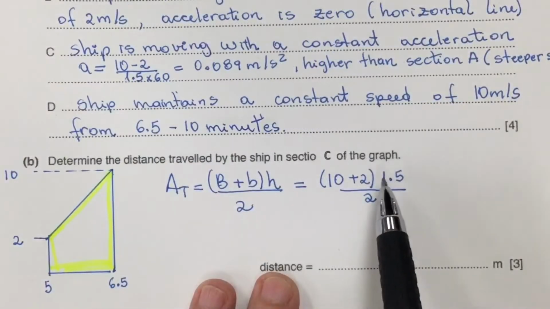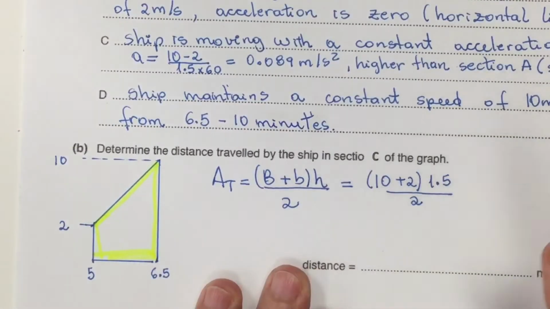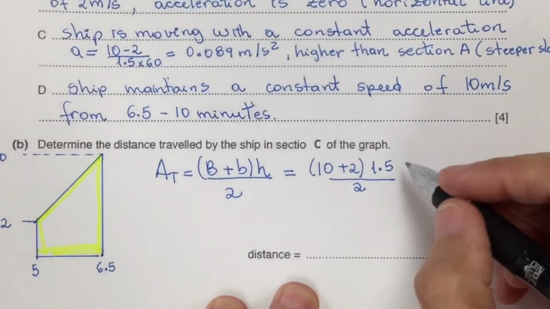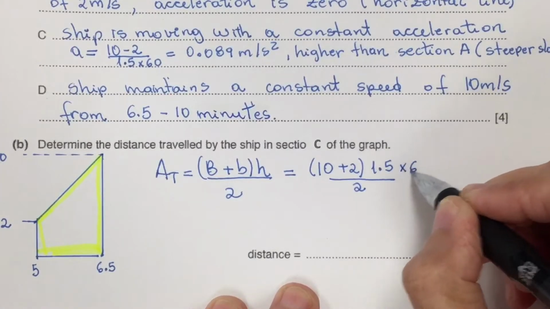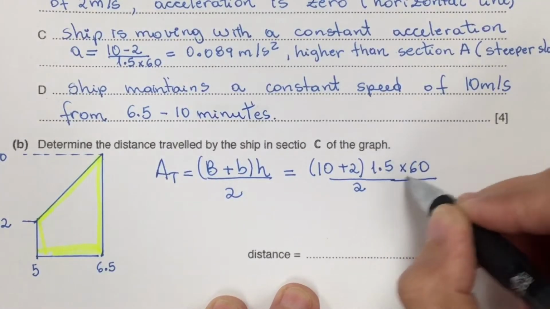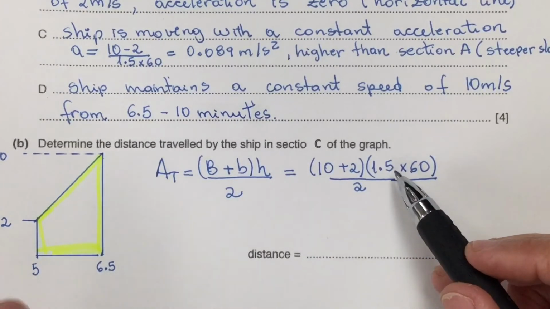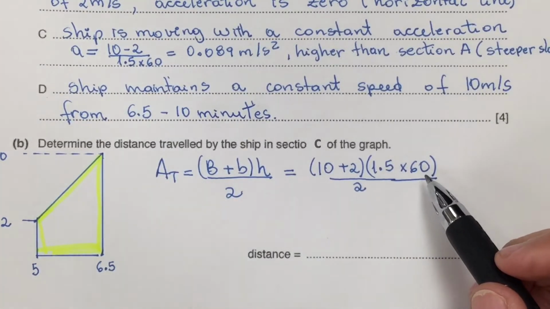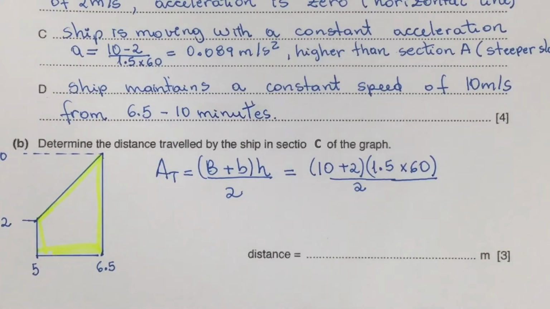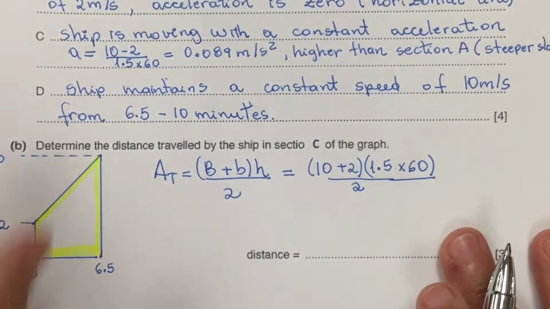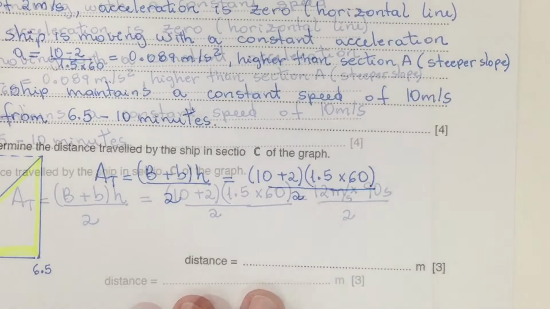Now, remember this 1.5 here is in minutes, so we need to convert to seconds. So we have to multiply by 60 right here. So it's 1.5 minutes times 60 to convert to seconds. Then we can give our answer in meters.